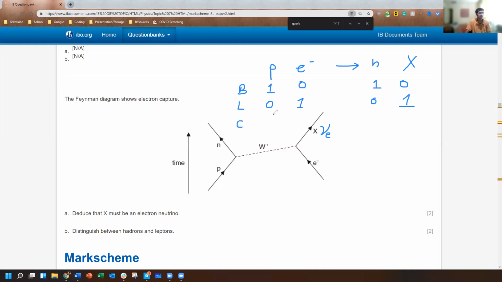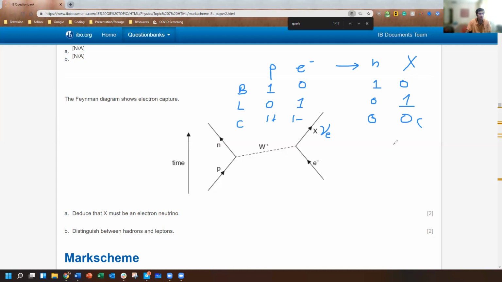Charge, that's another good thing. That's 1 plus, and this is 1 minus, and this is 0. So 0 on the left-hand side also means 0 on the right. So the only particles on our list of leptons that have 0 baryon number, 1 lepton number, and 0 charge are all your neutrinos.